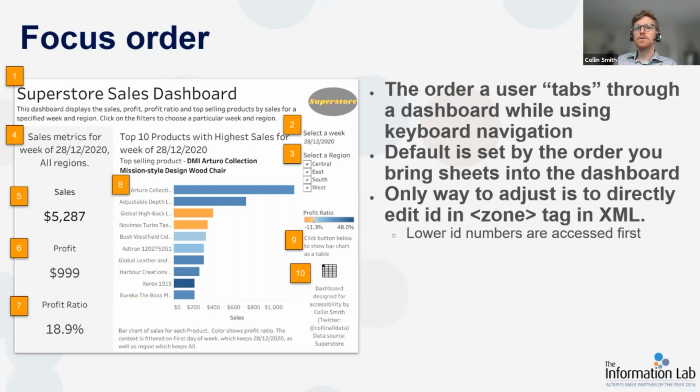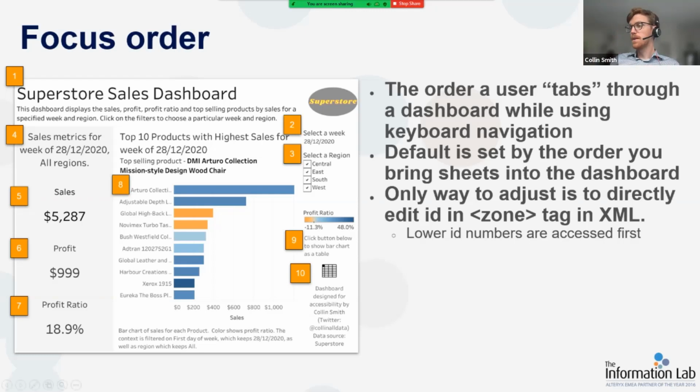The default focus order in Tableau is set by the order that you bring sheets into the dashboard. So the first sheet will be the first thing that gets highlighted. The second sheet will be the second thing. And that's not just sheets, that's also objects.